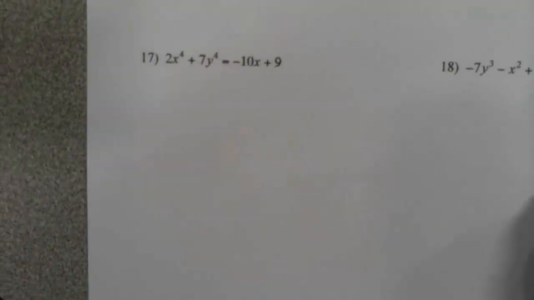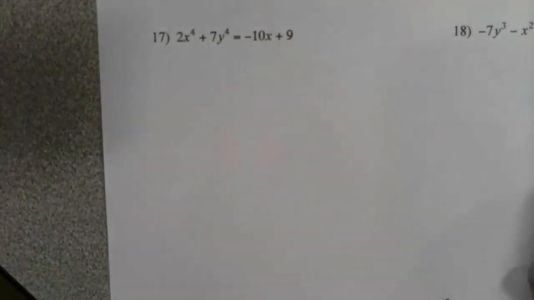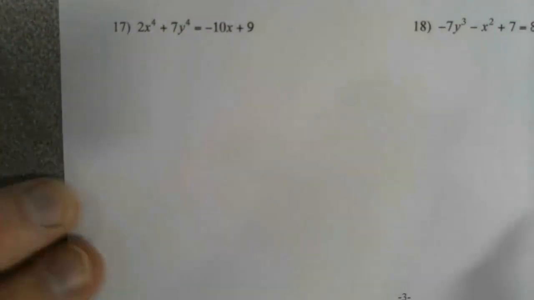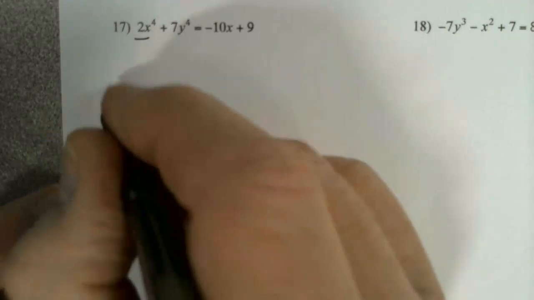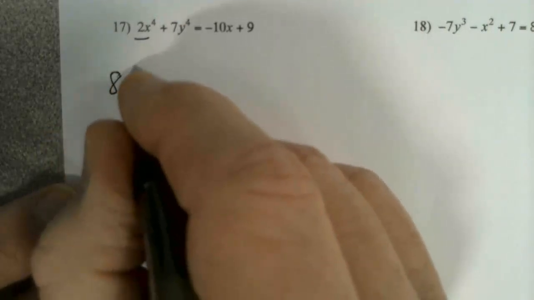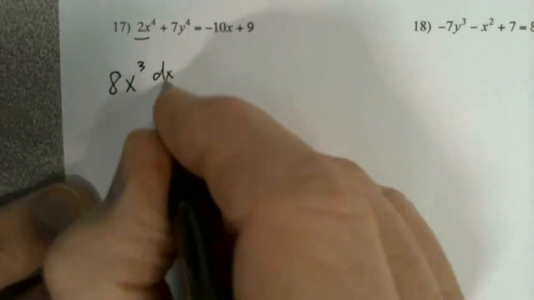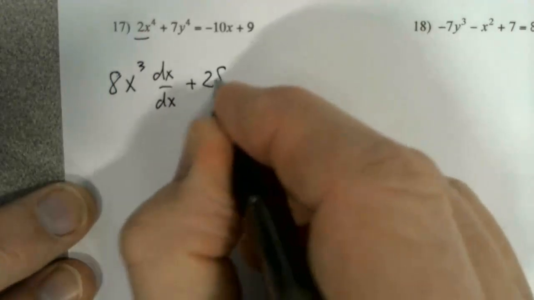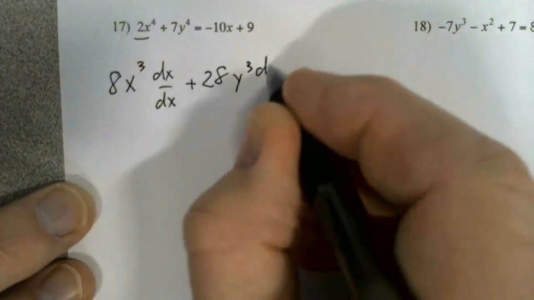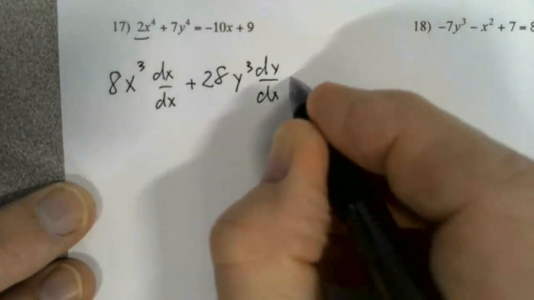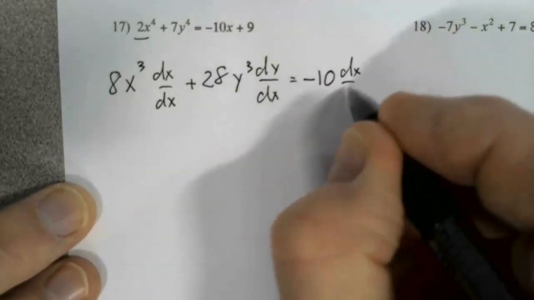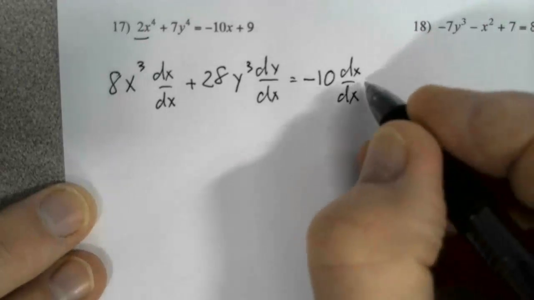Let's try number 17. I hope you guys are okay with me not writing the dx/dx's. So let's give this one a try. All right, so take the derivative of the first term. 8x to the third dx/dx plus 28y to the third dy/dx equals negative 10 dx/dx plus 0.